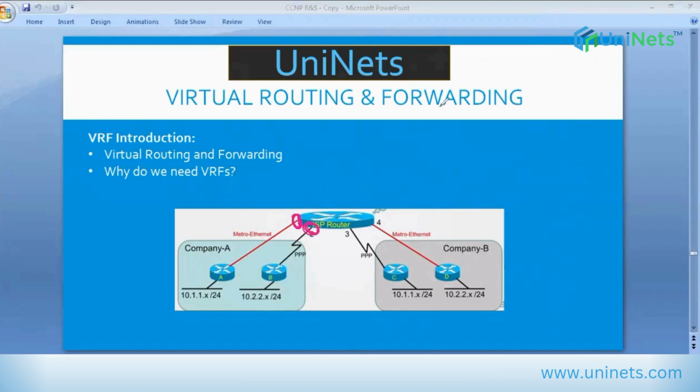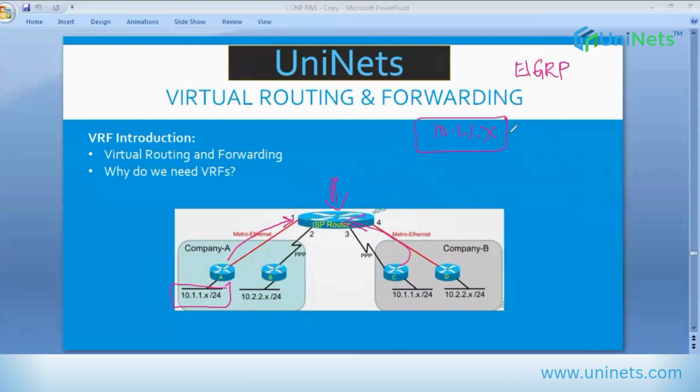Okay. Suppose I am running EIGRP, and I have got the same network information, 10.1.1.x and 10.2.2.x, from two companies, company A and company B. First we will go with 10.1.1.x. I have got this information from two routers, one from router A and one from router C. I am learning it from EIGRP. First thing, the prefix length is the same for both networks.